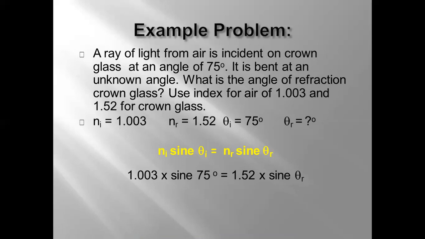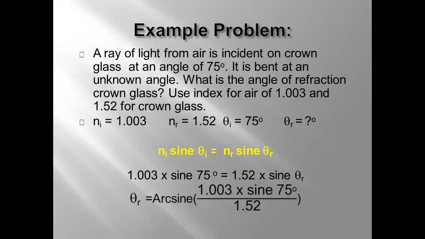To further simplify this, we have to use the inverse sine, but first we have to divide both sides of the equation by 1.52. This gives us the angle of refraction equal to the inverse sine, or arc sine, of 1.003 multiplied with sine 75 degrees all over 1.52.